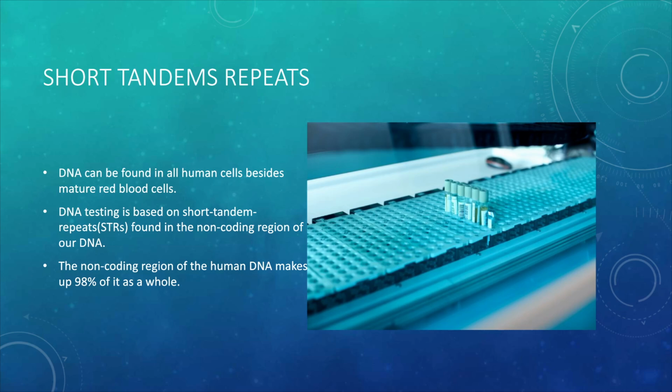The main basis that DNA testing is based on is short tandem repeats, or STRs. STRs are found in the non-coding region of our DNA, which makes up about 98% of it. These short tandem repeats are basically just repeats of the different nucleotide bases, GCAT, in random orders. And since there's so much of it, they make really good biomarkers for DNA testing.